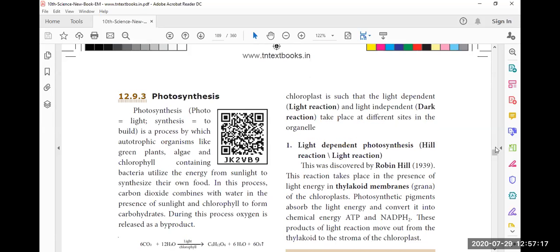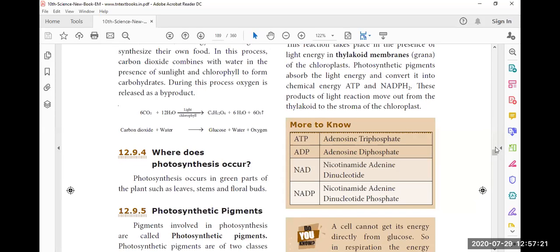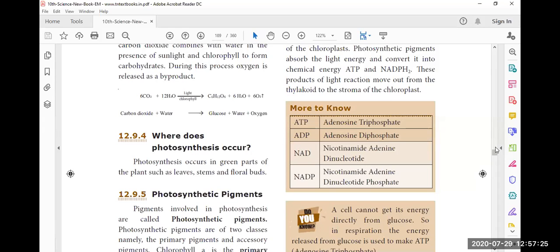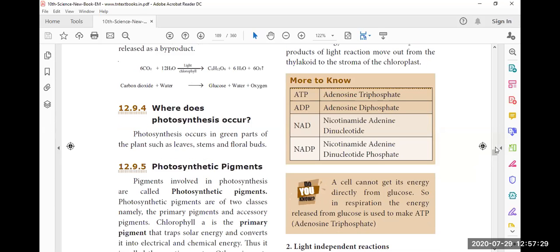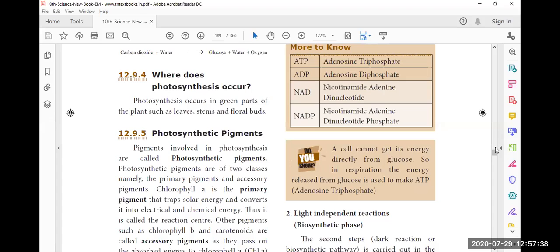Next, ATP, adenosine triphosphate; ADP, adenosine diphosphate; NAD, nicotinamide adenine dinucleotide; and NADP, nicotinamide adenine dinucleotide phosphate. A cell cannot get energy directly from glucose.